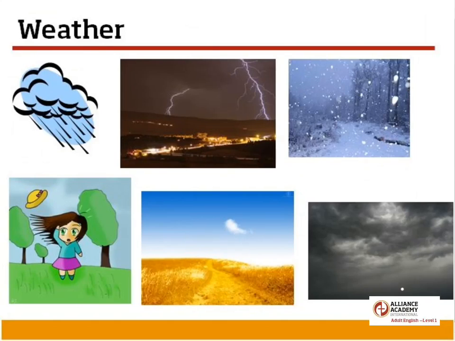Weather words are very important. We'll be looking at words like rainy and stormy. And here, this picture would be snowy. Down below, this picture would be cloudy.